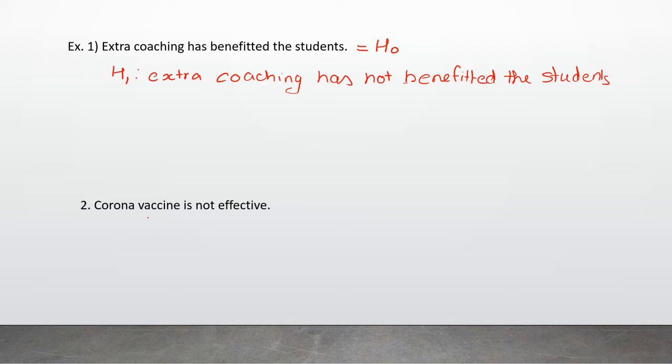Now, second example, corona vaccine is not effective. If I put this as my H naught, or as my null hypothesis, what will be my alternate hypothesis? Corona vaccine is effective.